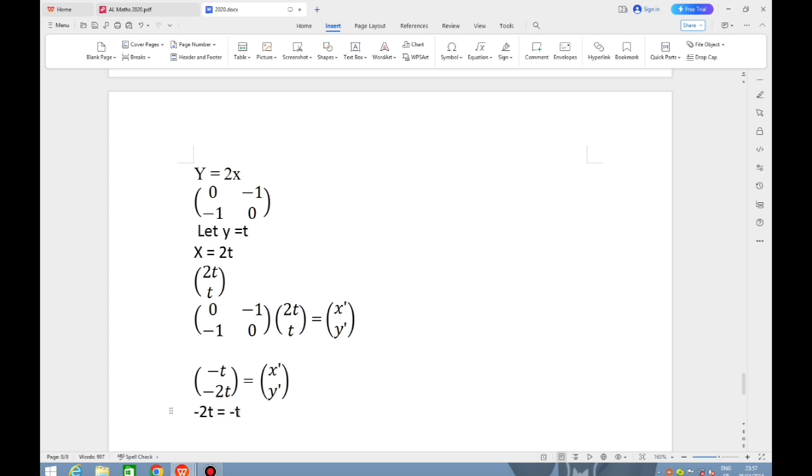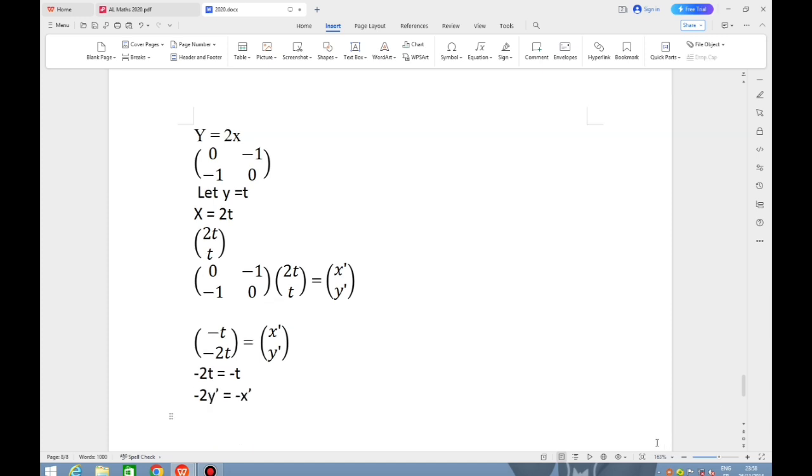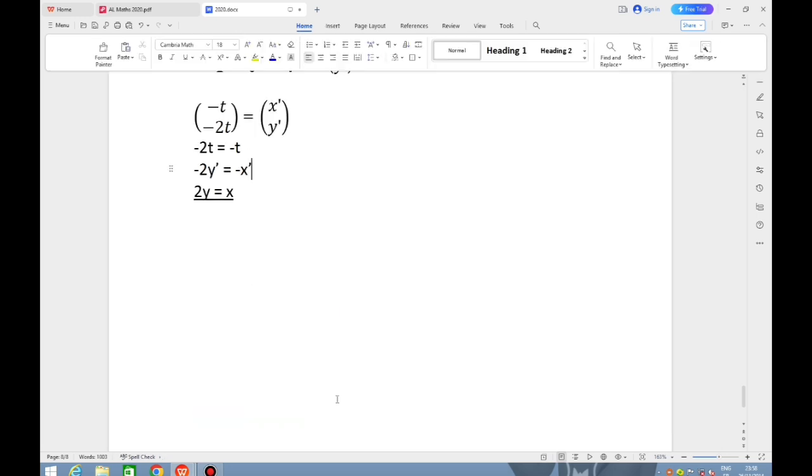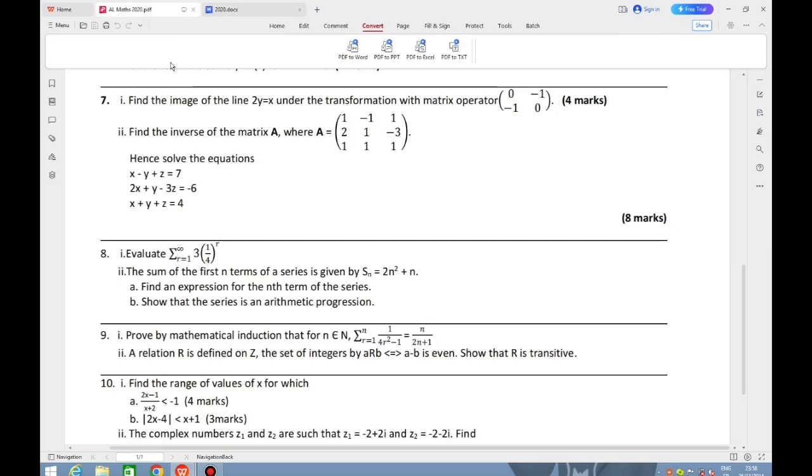But this t represents negative x prime, sorry. So this means that the transformed line is going to be 2y is equal to x, and this is the transformed line under the matrix. So that's basically it for question 7 Roman 1.